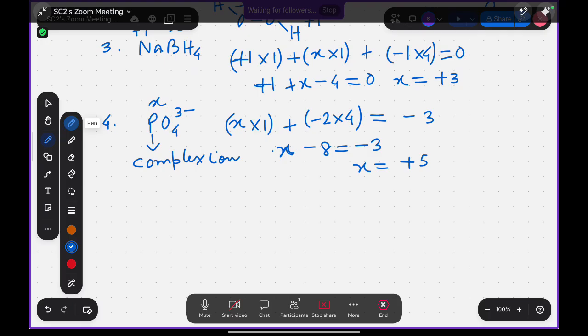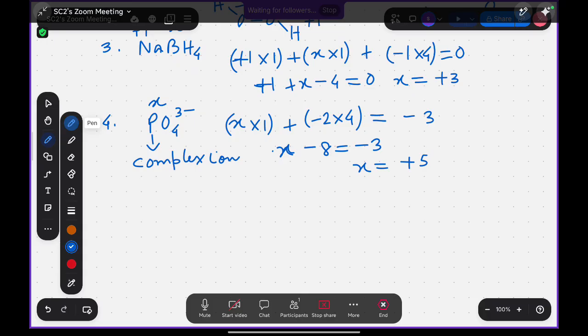Phosphorus is less electronegative, oxygen is more, so oxygen carries a negative oxidation state, and phosphorus being less electronegative carries a positive oxidation state, and it is +5. Now the question is, is it possible? How can phosphorus have a +5 oxidation state?